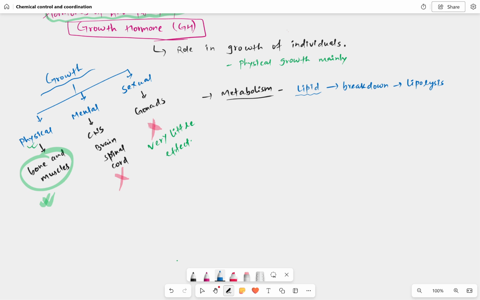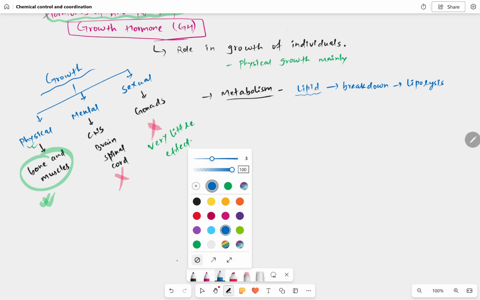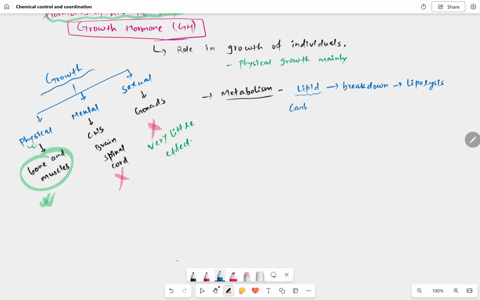Other than lipid, we also have other chemicals like carbohydrate and protein. Carbohydrate is not directly uptaken. Why?